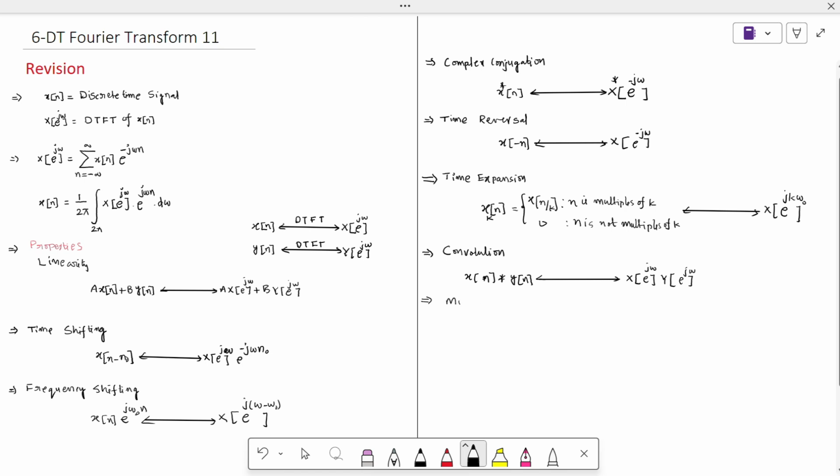Next, multiplication. Multiplication in the time domain, x of n into y of n, its corresponding frequency domain must be convolved.